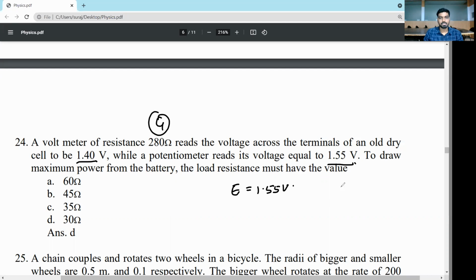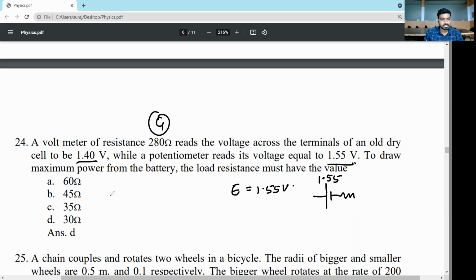So I'll just write like this. E is given as 1.55. The voltmeter is reading 1.40 volts.